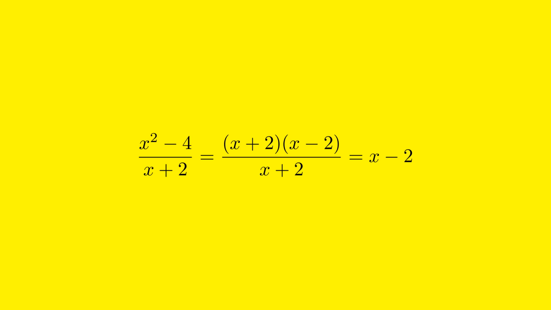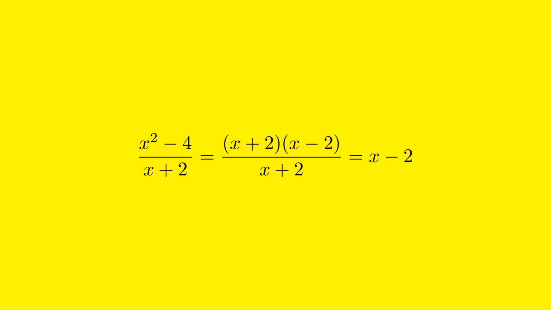Now, substitute 1 into the simplified expression x minus 2. Calculating the simplified expression with x equals 1: 1 minus 2 equals minus 1. Both the original and simplified expressions give the same result of minus 1 when x is equal to 1. This test confirms that our simplification from the original expression to x minus 2 is accurate.